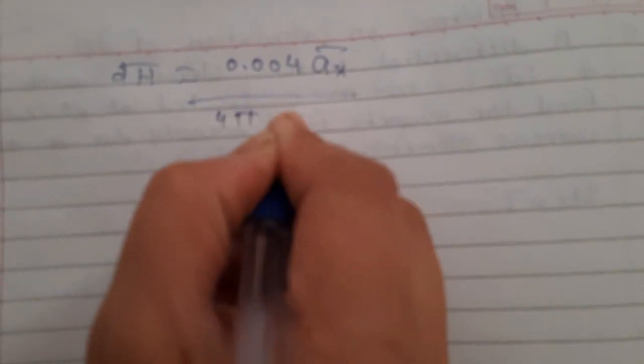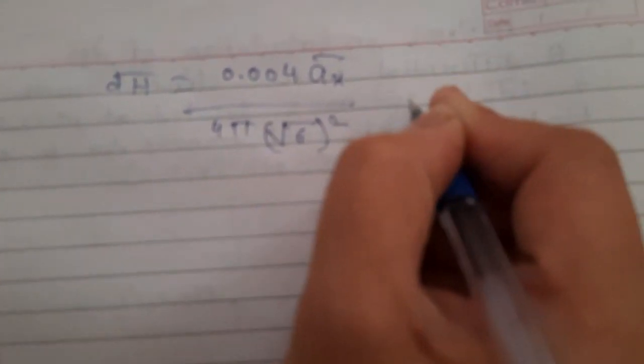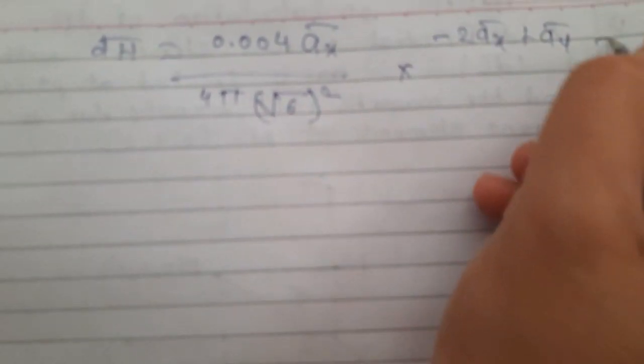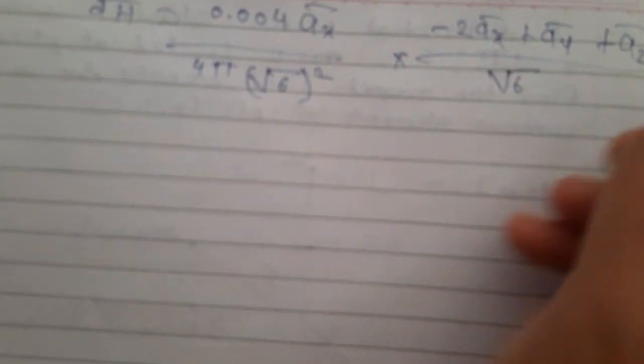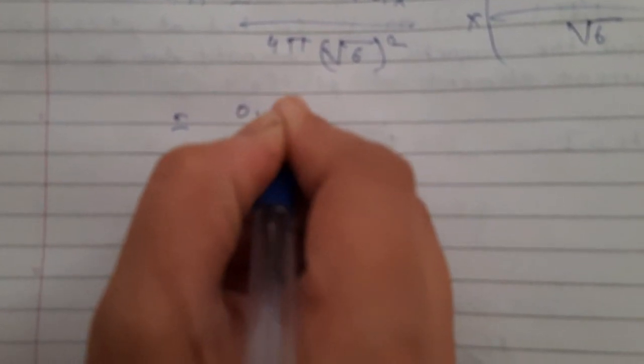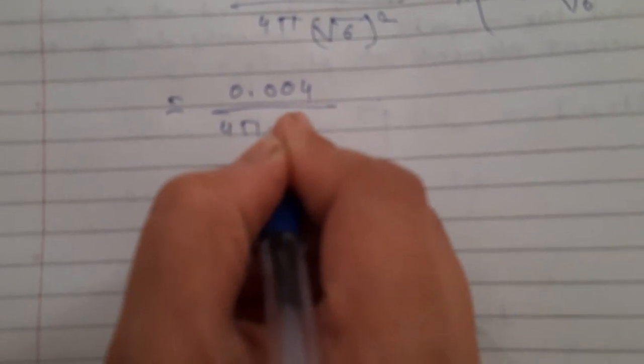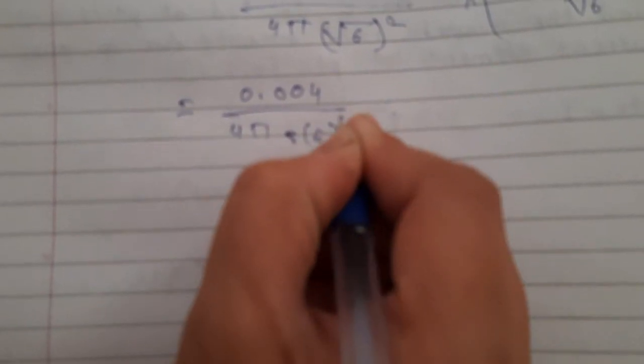So dH bar is equal to 0.004 AX bar divided by 4 pi into square root of 6 square, cross minus 2 AX bar plus AY bar plus AZ bar divided by square root of 6. By solving we get 0.004 divided by 4 pi into 6 raised to 3 by 2.